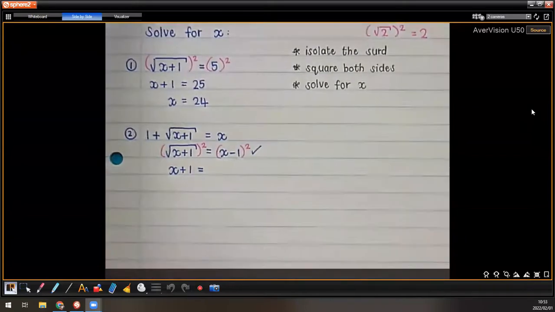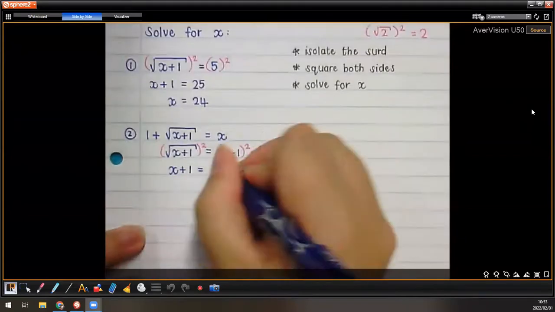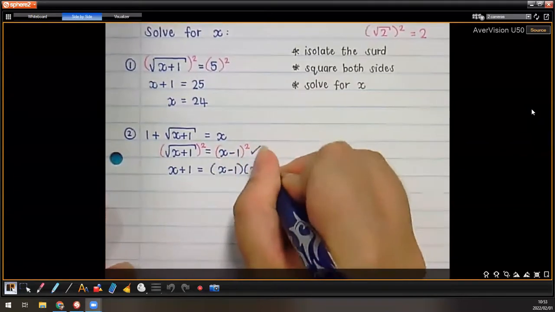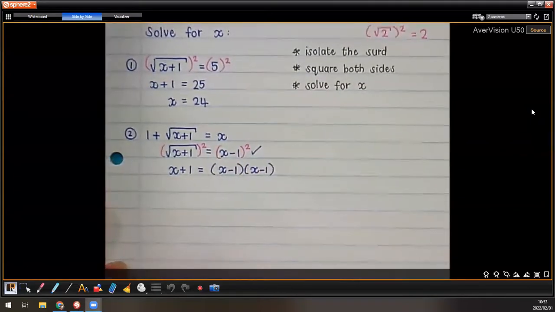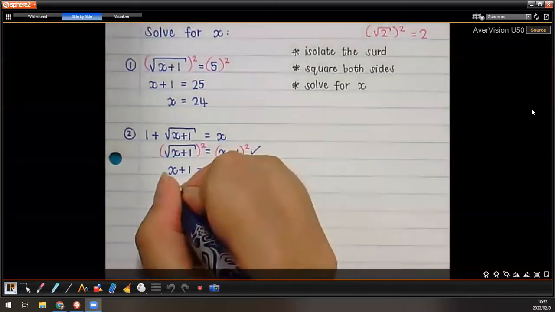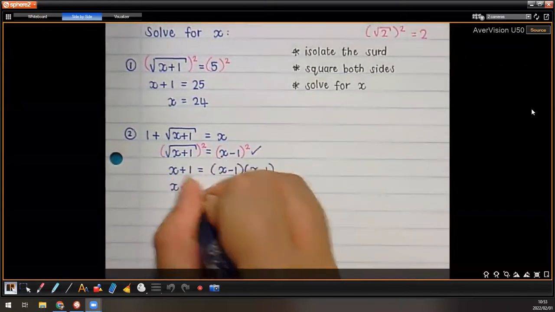So it's basically a bracket that's being multiplied by itself, right? X minus 1 times x minus 1. You cannot just say the first term squared and the last term squared. Okay, you have to do it like that. It's a bracket that's being squared, a binomial squared. Okay, so we have x plus 1 still on this side.